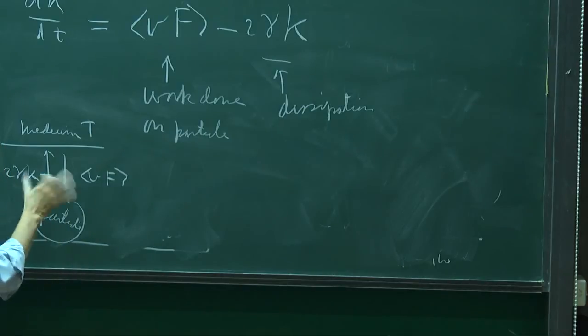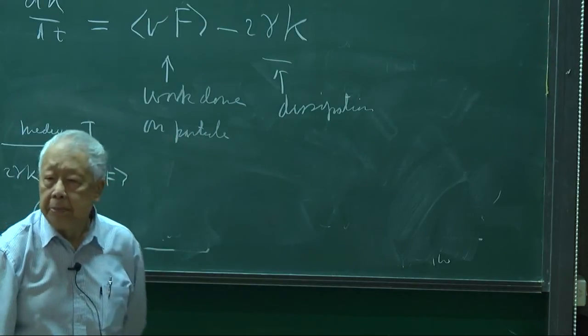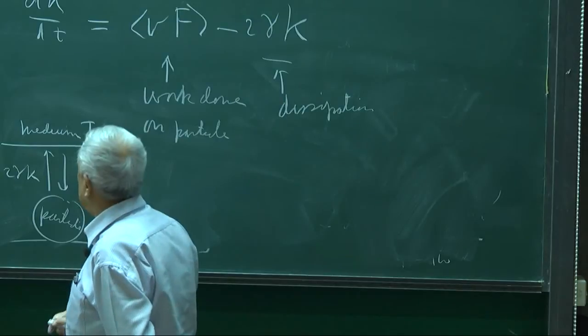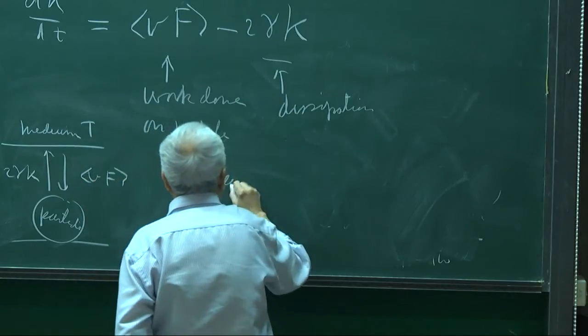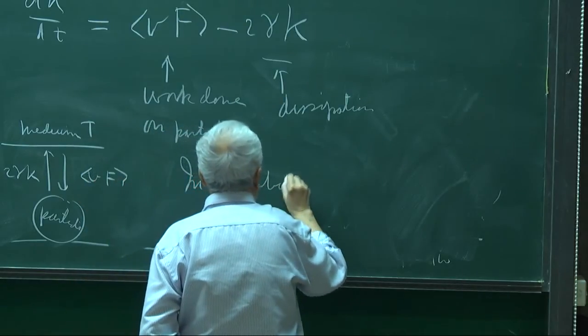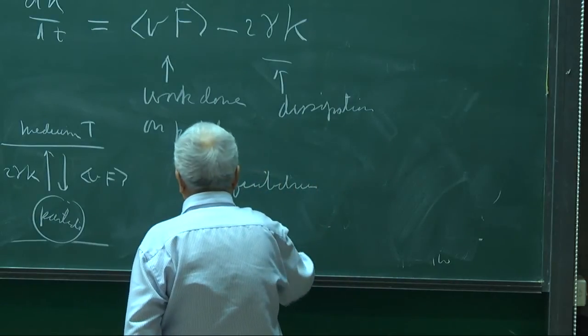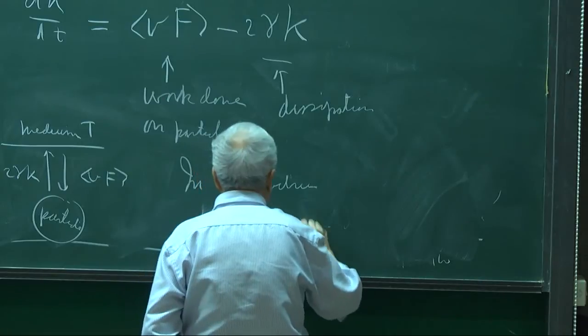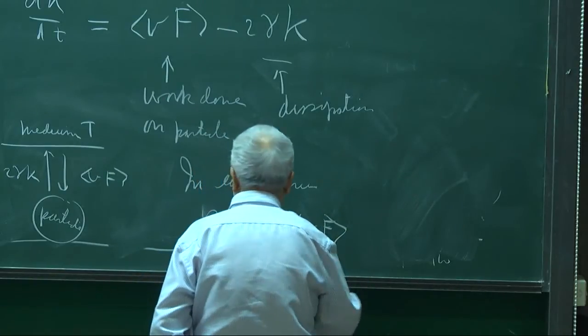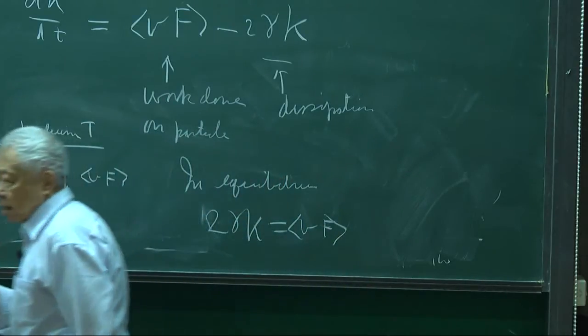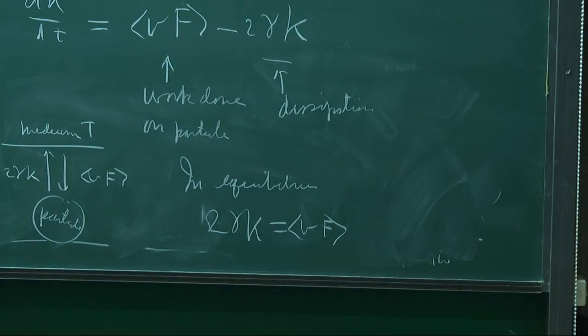And in equilibrium, these two balance. dK/dt is 0. So in equilibrium, 2 gamma K must be equal to vf. That is, the work done on the particle must be equal to the dissipation.